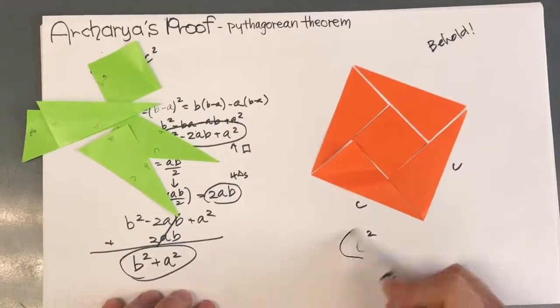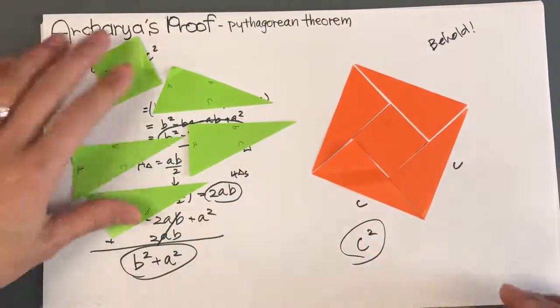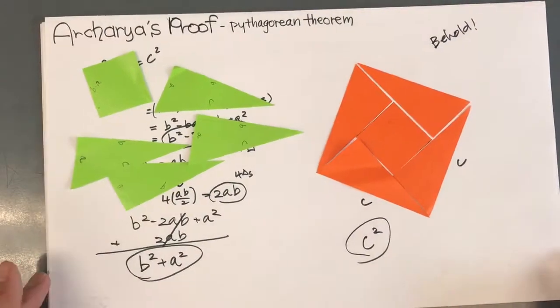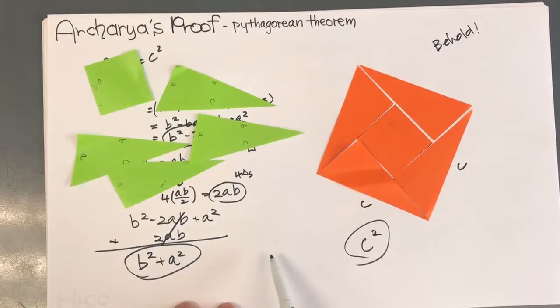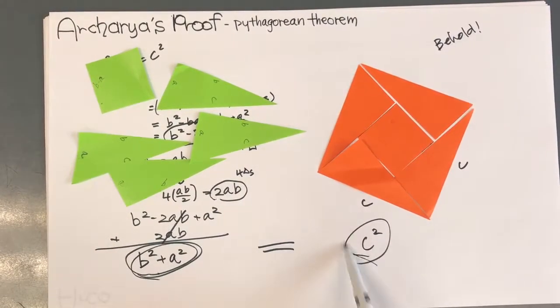And as we said at the beginning, these two papers are congruent, so they have the same area. That's why a squared plus b squared equals c squared.